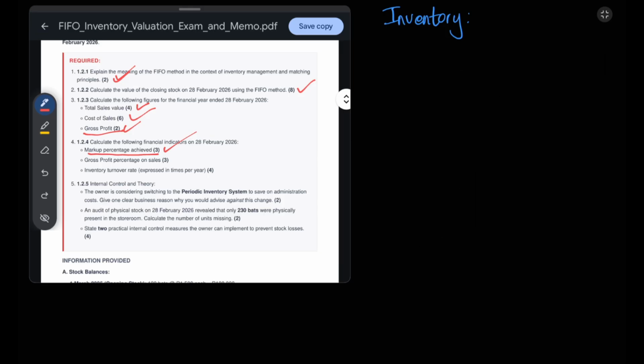Now let's move to inventory turnover rate. Okay, so your inventory turnover rate formula is cost of sales over average inventory.